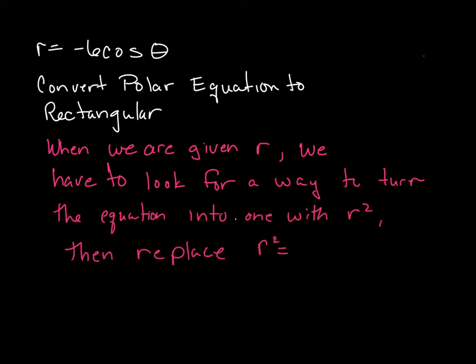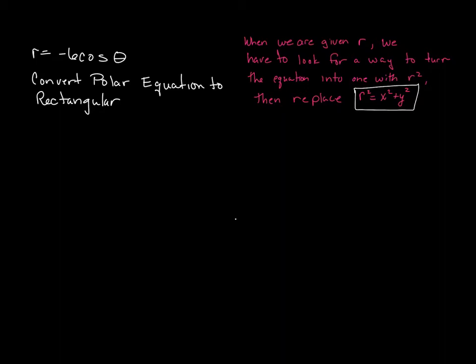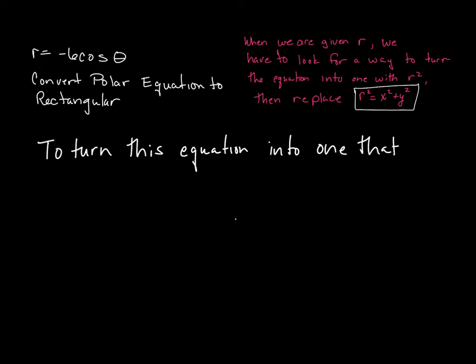The first way we're going to start to do that is by multiplying both sides of the equation by r. And that will turn this equation into r squared.